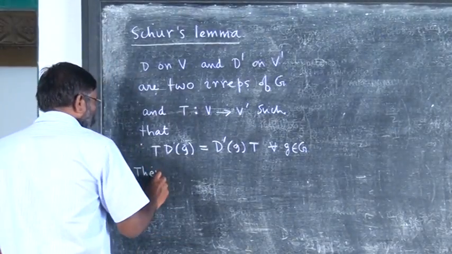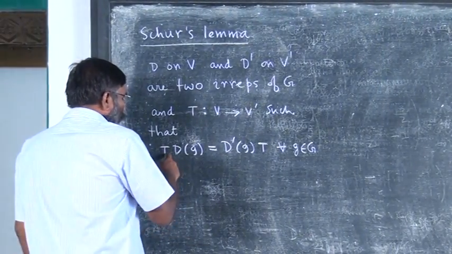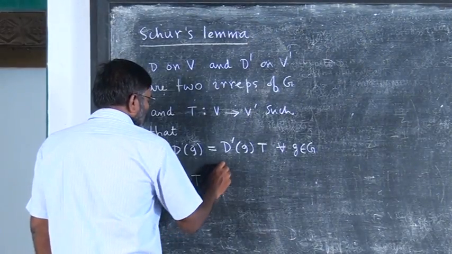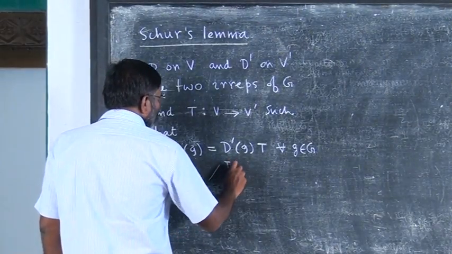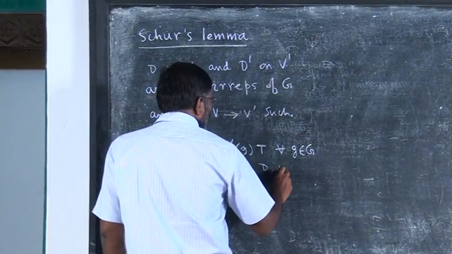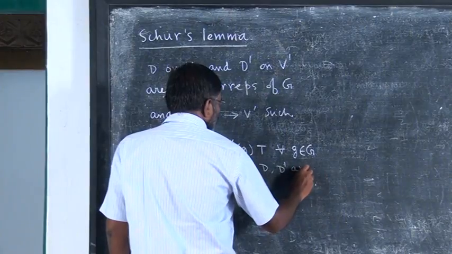Then what can we say about T? T can be 0, which implies D, D prime are inequivalent.